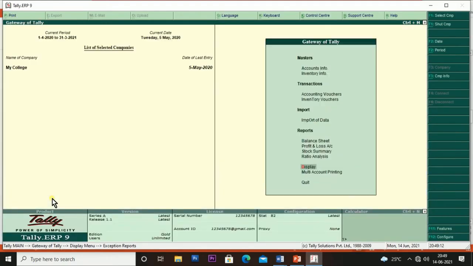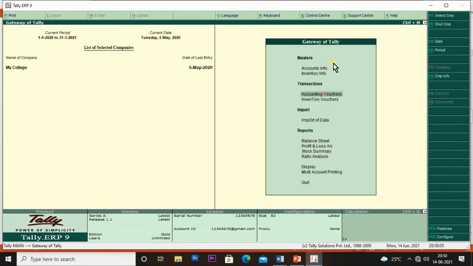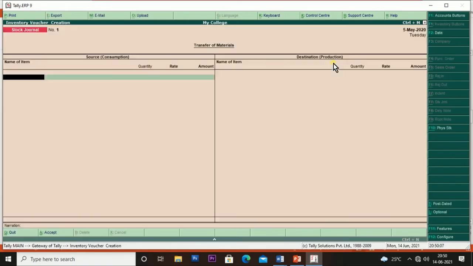Second one is optional voucher. It is same as memo voucher. And in accounting voucher, memo voucher is available as an optional voucher. Optional is not available in the accounting voucher, but when you move to inventory vouchers, you can see the optional voucher.